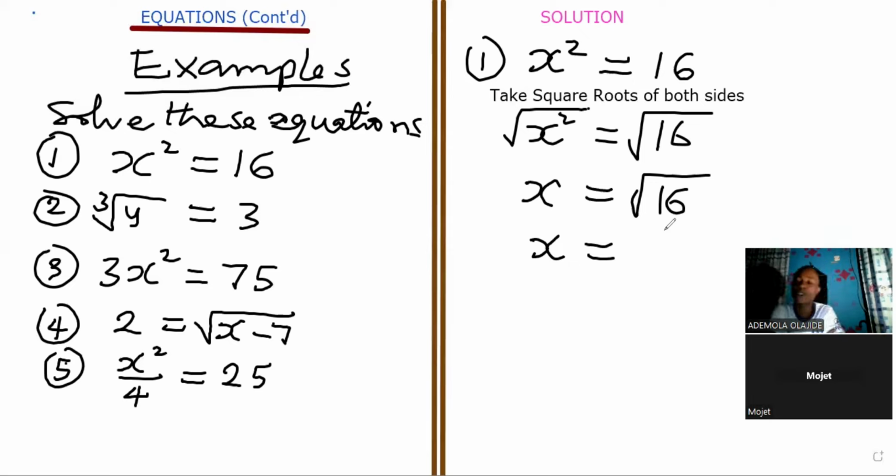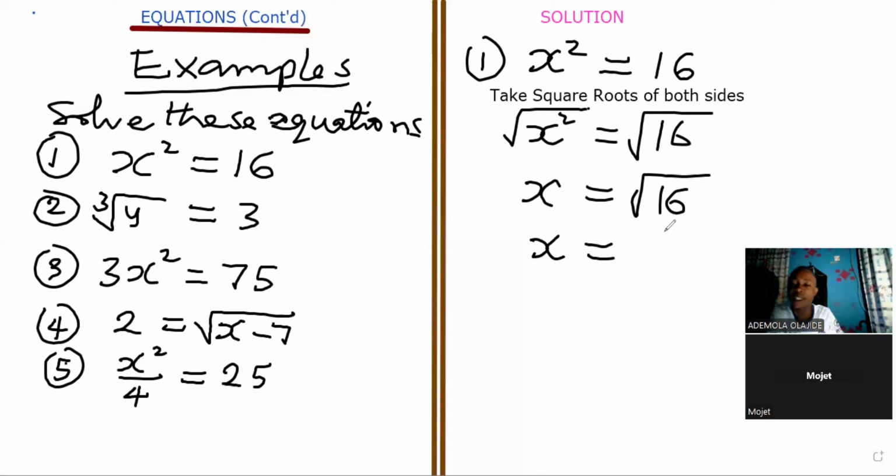What do we mean when we say square root of 16? The number that multiplies itself to give 16 is what? A particular number multiplies itself to give 16. What is that number? That's square root of 16. Is it 8?